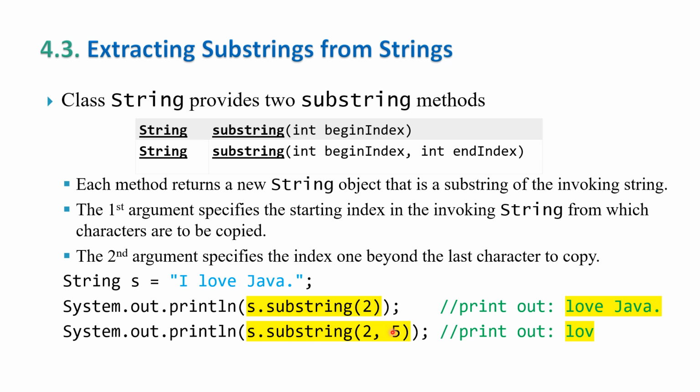So the returned string is "lov" because these are the characters from index 2 to index 4 of string s.